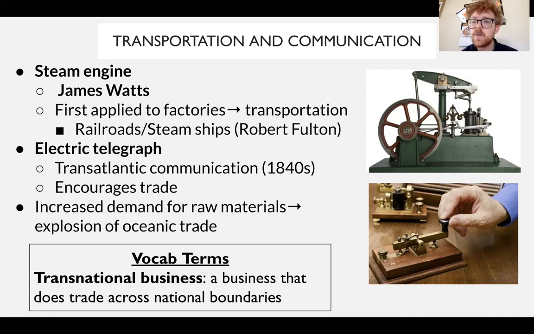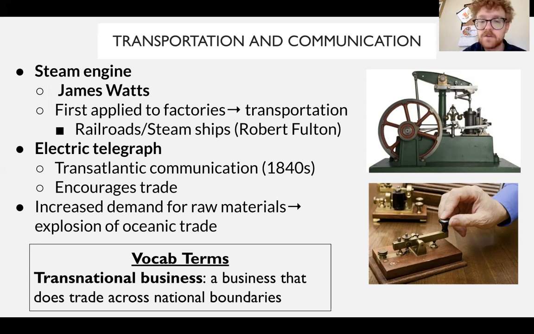And this is the result of James Watt. Watt was a Scottish inventor who is going to improve upon the steam engine. He is going to realize that the steam engine can not only be used for factories, but it can also be used for transportation, for railroads, for steamships. So we will see the spread of this steam technology to railroads and ships.